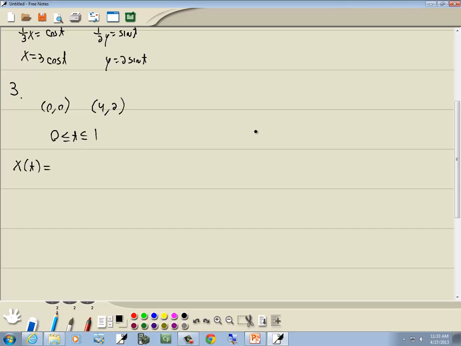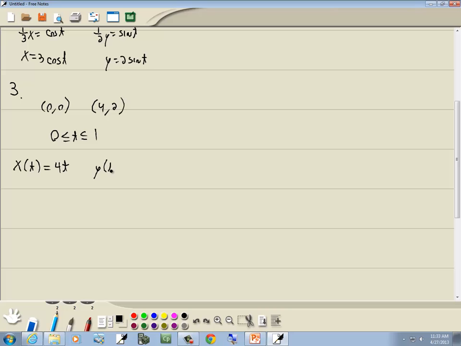You could do the at plus b on this, but 0 to 1, well, 0 would be okay, but if I had a number here times t, what number would I put there? How about 4t? If I put 0 in, 4 times 0 is 0. If I put 1 in, 4 times 1 is 4. That would work, wouldn't it? So this doesn't always have to be t.